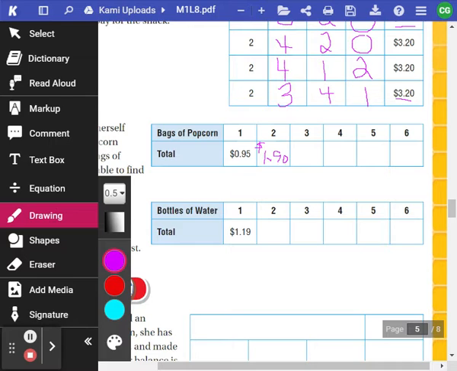I need 95 cents. And then this is going to be 95 cents. And that's 5. 9 plus 9 is 18. Regroup. It's $2.85. I'm going to bring that over here.